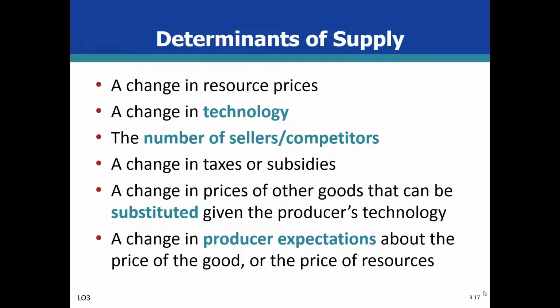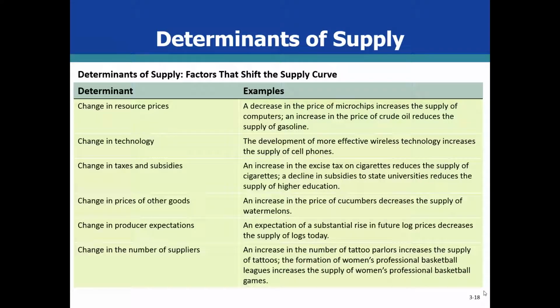In summary, there are many market and cost factors that can change supply, a shift in either direction, a change in supply. This summary chart of examples will help reinforce the learnings on changes in supply.